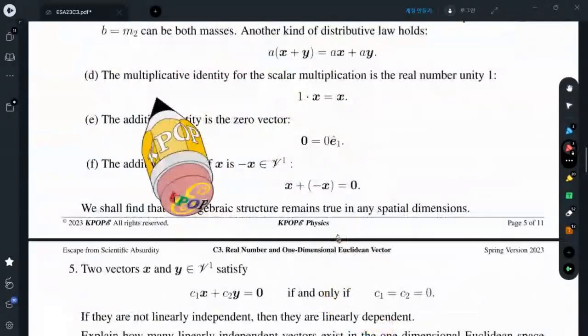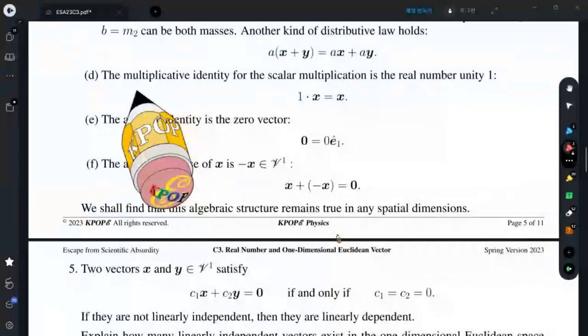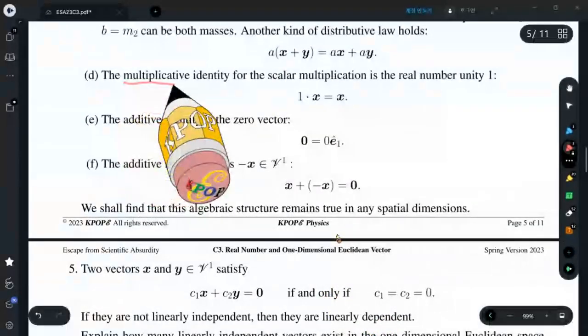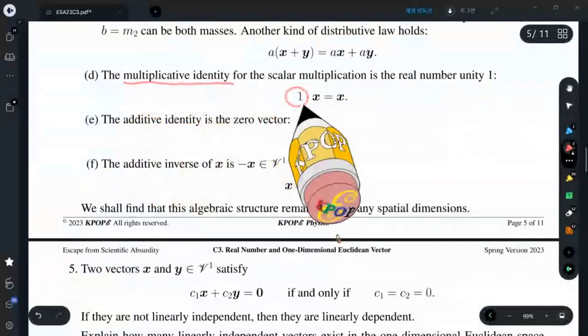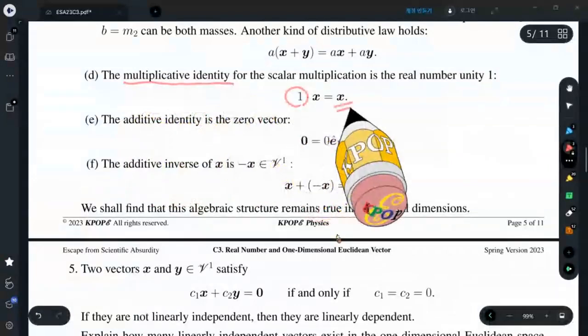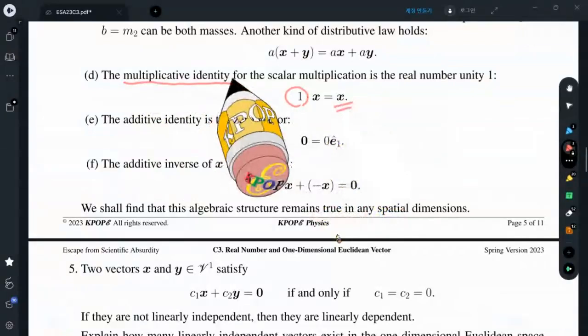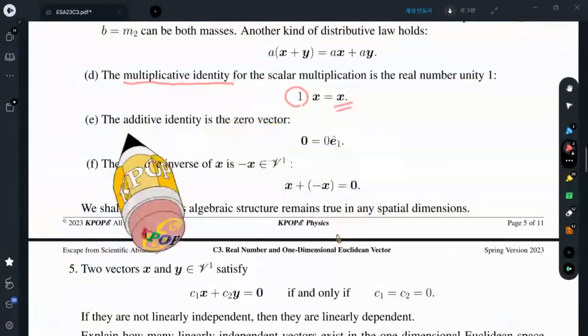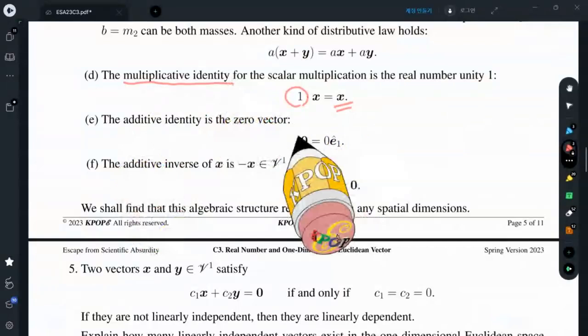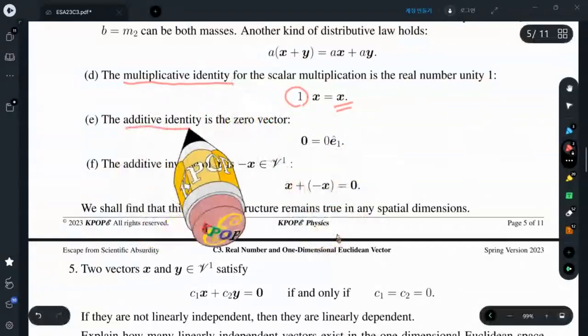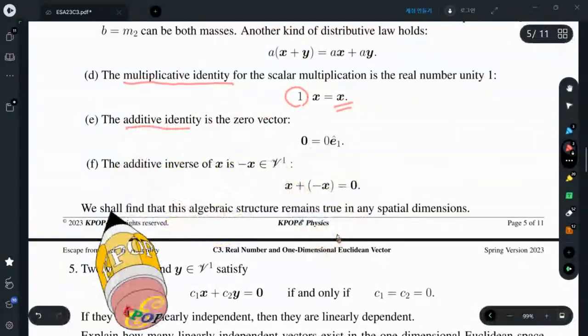And we repeat the simple operation, multiplicative identity. If I multiply something, then the result is the same. Okay, that's multiplicative identity. If the result is the same after the addition, then it is additive identity.